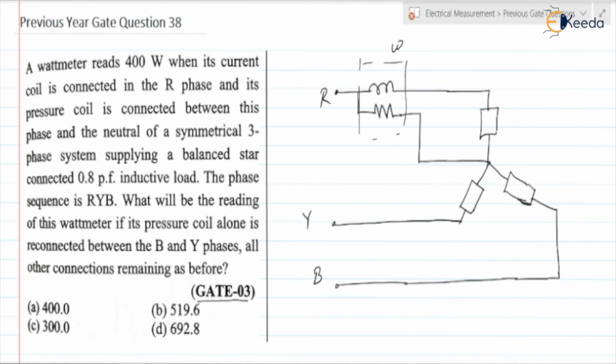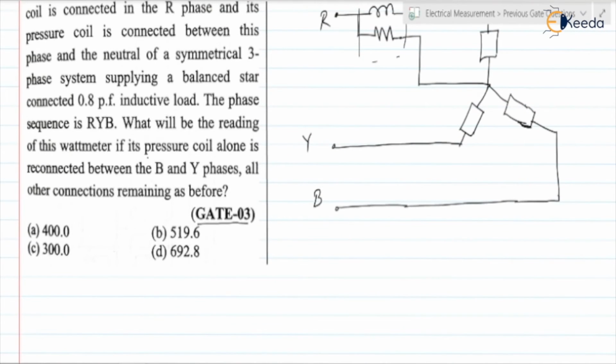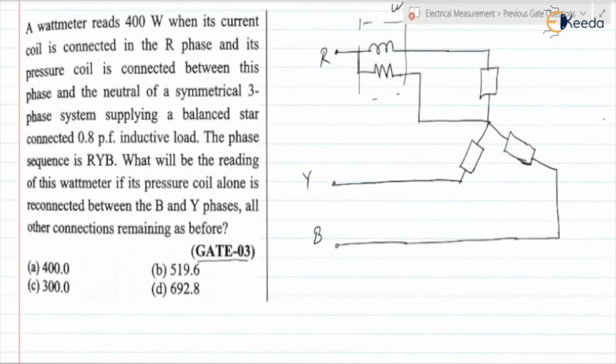Y and B. And in the second case, it is given that the phase sequence is RYB. What will be the reading of this wattmeter if its pressure coil alone is reconnected between B and Y phases? Means now in the second case we are disconnecting the pressure coil between R and the neutral, and again we are going to connect it between B and Y phases.